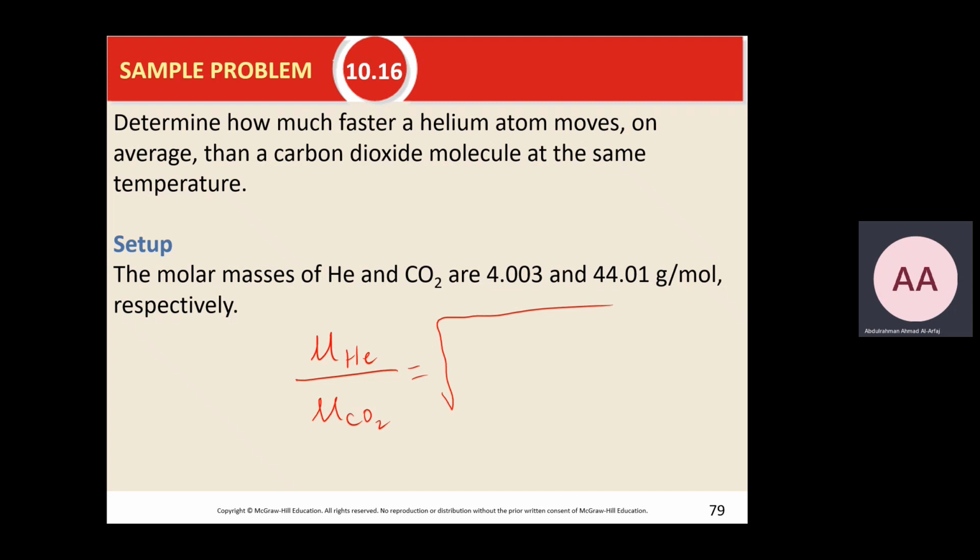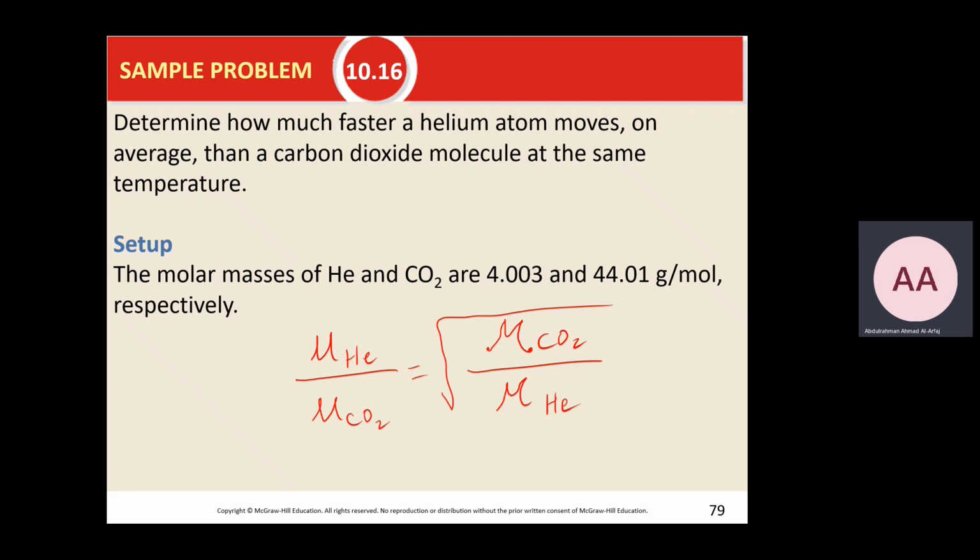It's the square root of the molar mass of CO2 divided by the molar mass of helium. Now, should I multiply it by 10 to the power minus 3 to make it kilogram, or can I use gram?